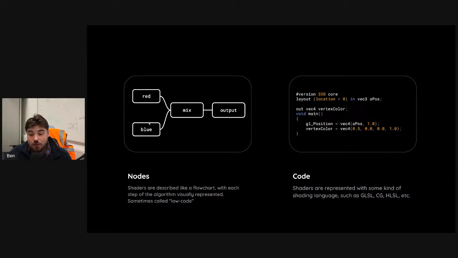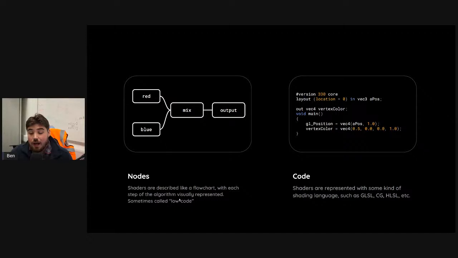So we've got red and blue going into this, and then the output from this mix we can put into the final color. Now, I don't know about you, but this makes an awful lot more sense than this. Both have their pros and both have their cons, but they're two different ways of informing the graphics card of what you want to do.